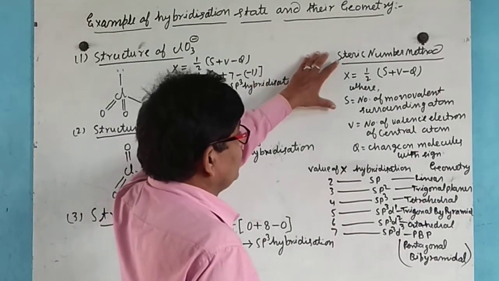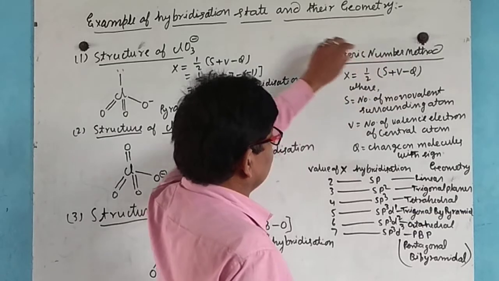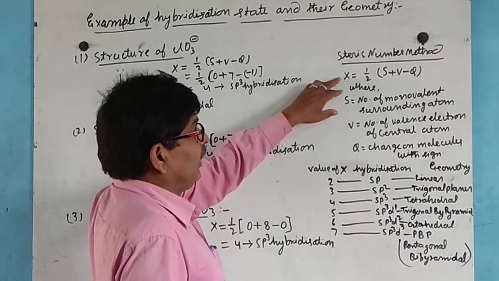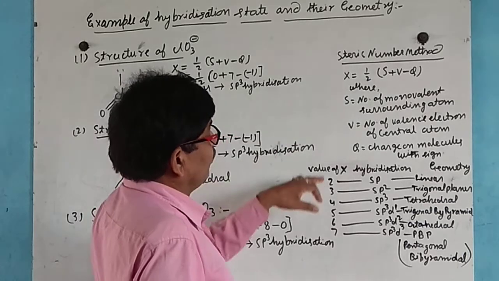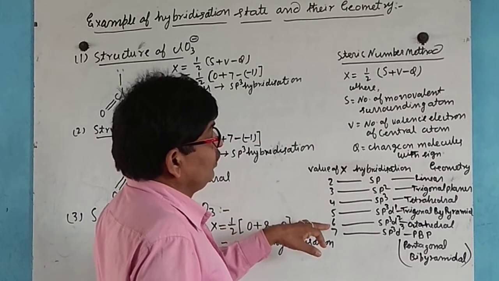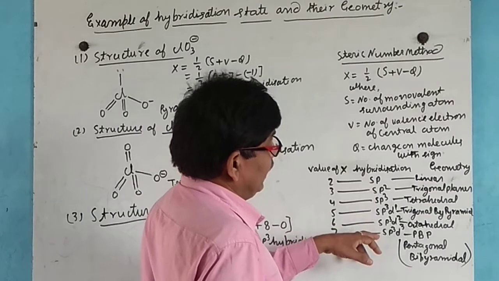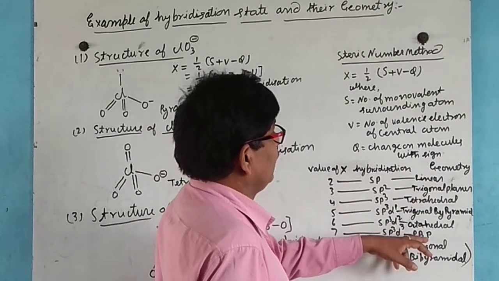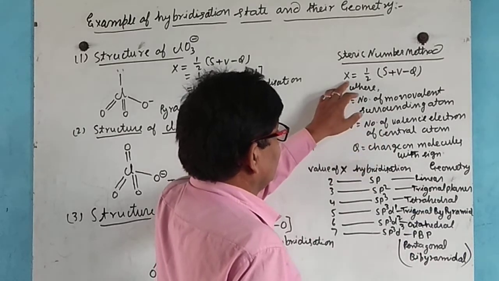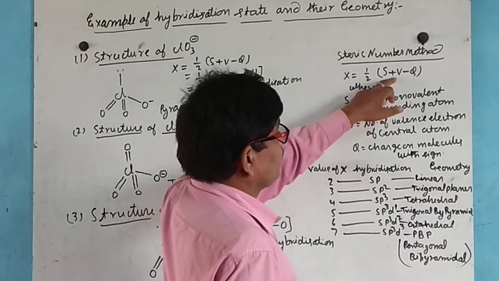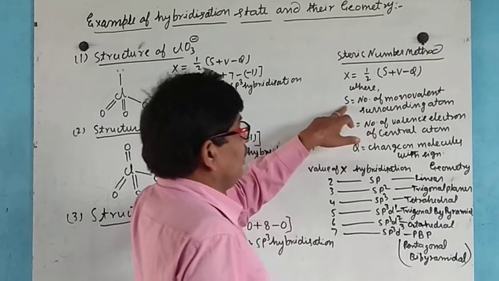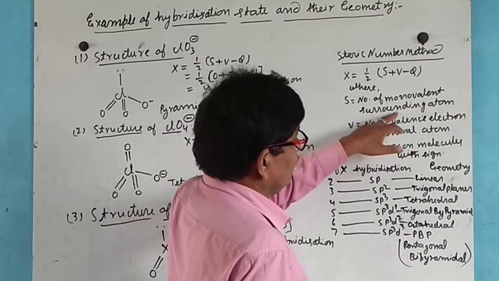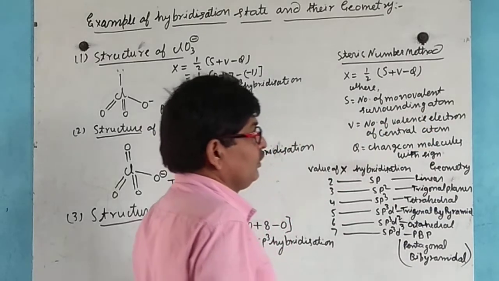We use the steric number. This is a method. We calculate the value of X, and with the help of X we know the hybridization and their geometry. X equals 1 by 2 (S plus V minus Q), where S is the number of monovalent surrounding atoms.